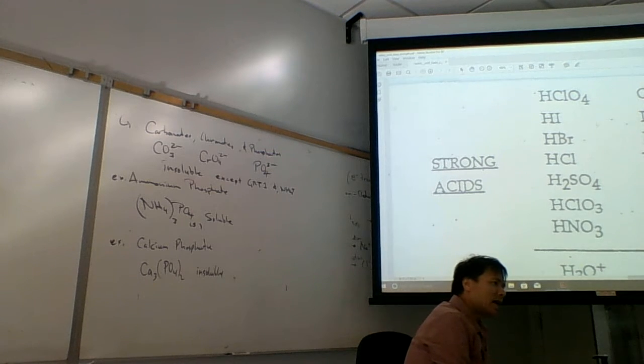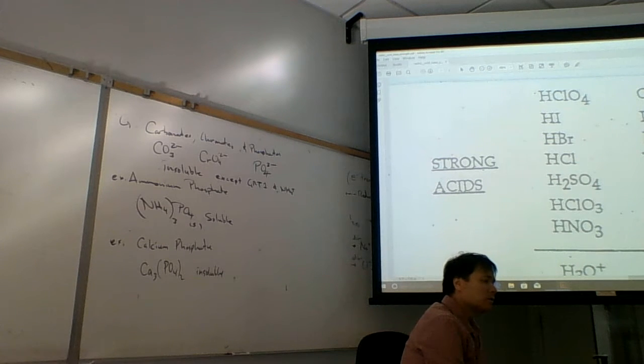Anion is iodide, and so what do we do with an ide ending? We use the hydro prefix and the ic acid. And so it would be hydroiodic acid. Hydroiodic acid, HI. Hydroiodic acid is number 2 on the chart here. It's a strong acid.